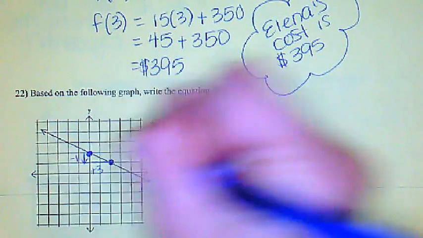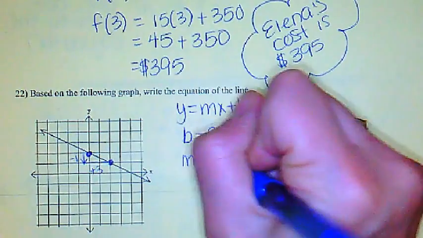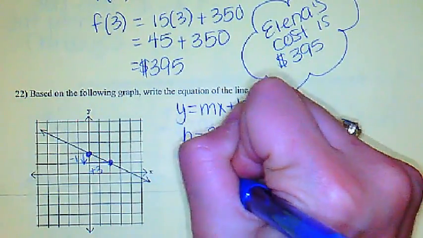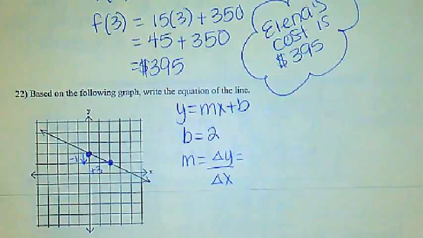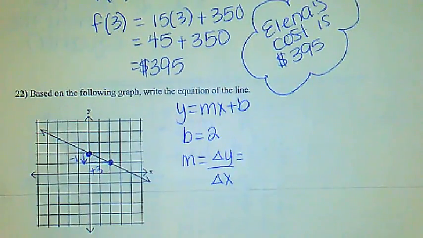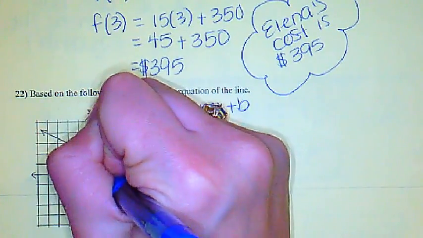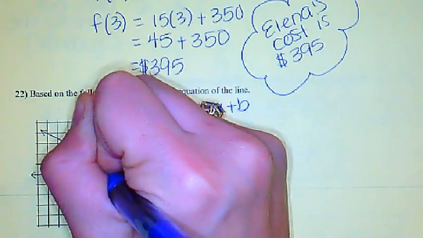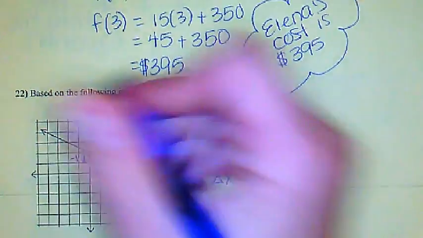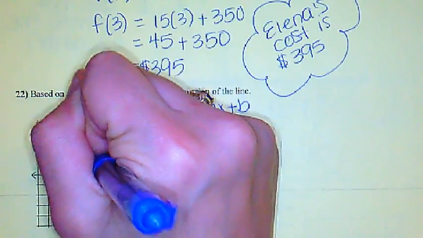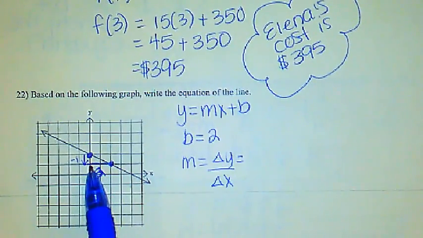So remember, your slope is the change in y over the change in x. I don't know why I said 3. That's definitely only 2, 1, 2. Probably because I drew the arrow right here. I should have drawn it right here. So I'm going down 1 and then over 2.